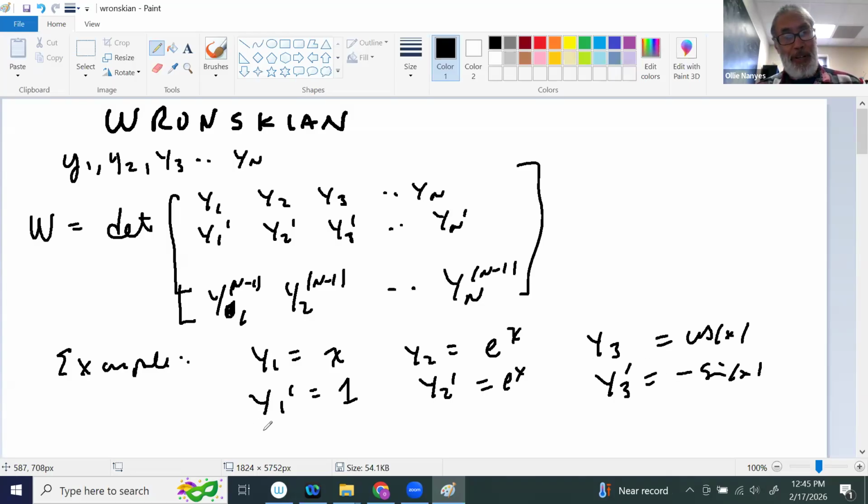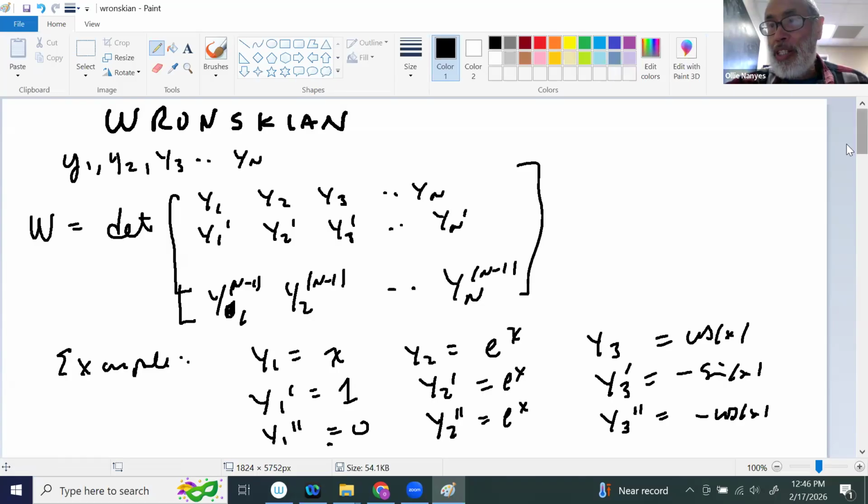Then y1 double prime is 0, y2 double prime is still e to the x, good old e to the x, and y3 double prime is minus cosine x.